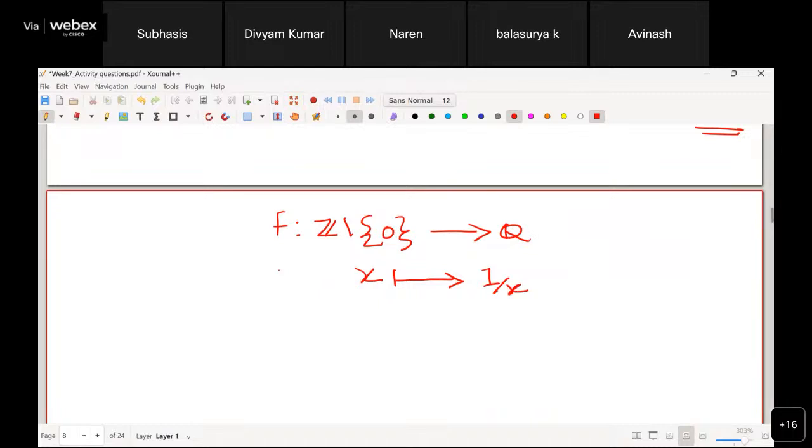I'm just changing the domain and asking whether this function is surjective or not. Instead of natural numbers, I'm taking the domain to be the set of all non-zero integers.